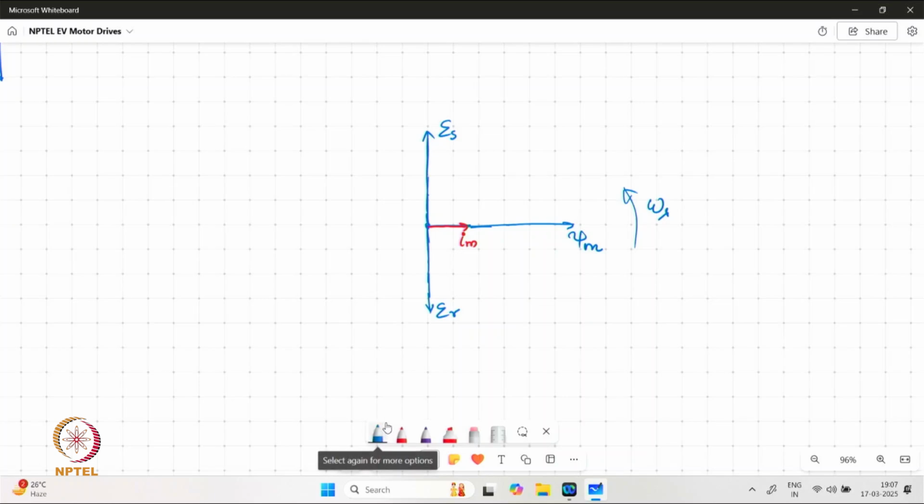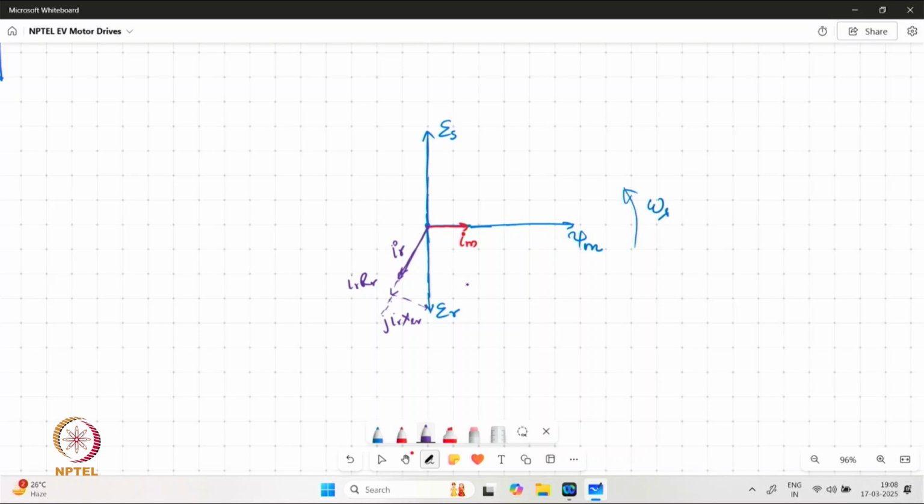Now as we go on and load the machine, we will have current on the rotor side, denoted by IR, slightly lagging with respect to ER. In total, because there is no other circuit available on the rotor side except R and L, IR times RR and j omega LLR times IR are going to sum up to give us the value of ER.